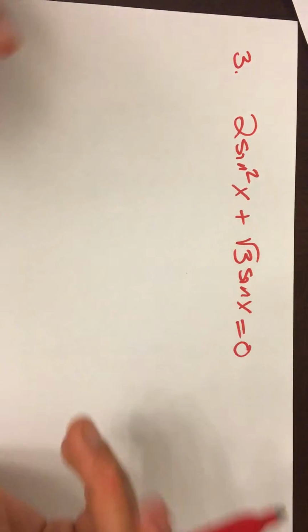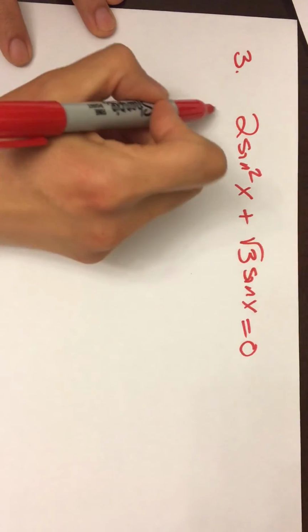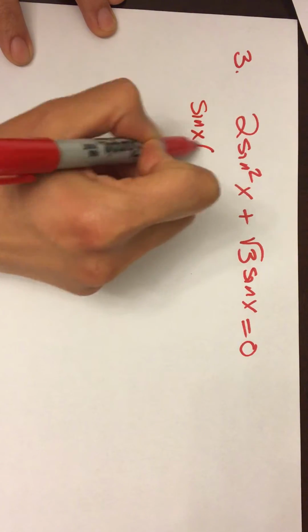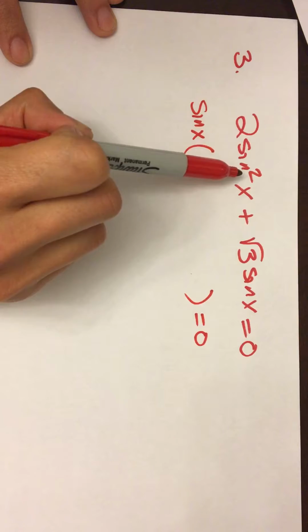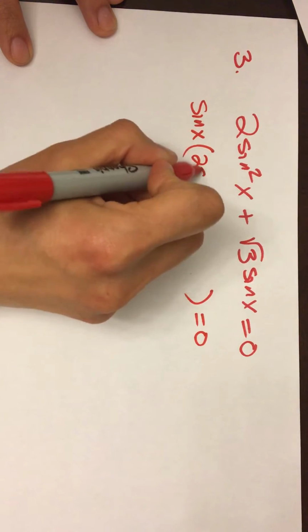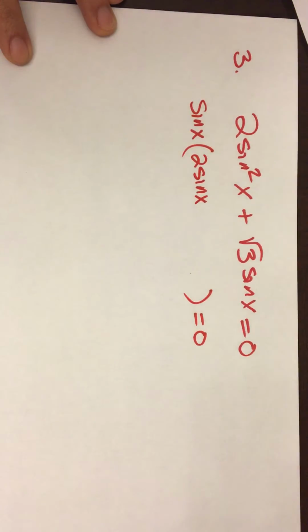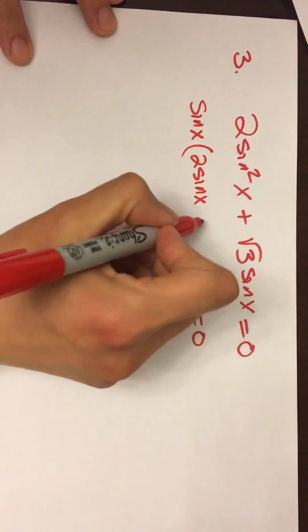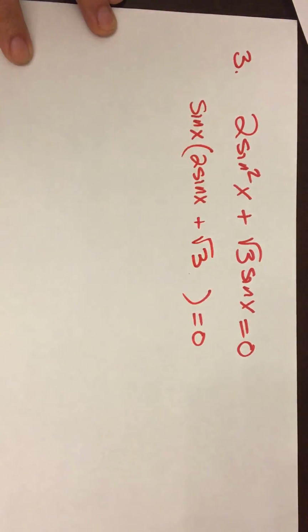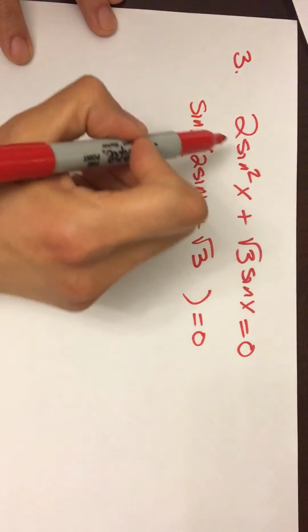So we can take out a factor of sine x. If we take out a factor of sine x, we will have 2 sine x left. And if we take out a factor of sine x, we're going to get square root of 3. And if you're not sure, just make sure that you distribute.